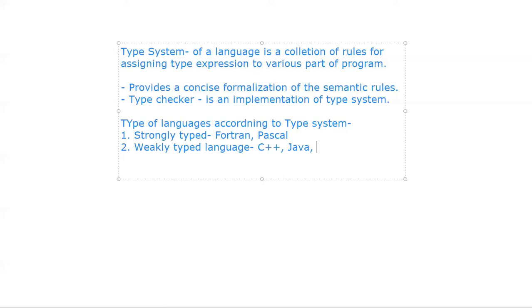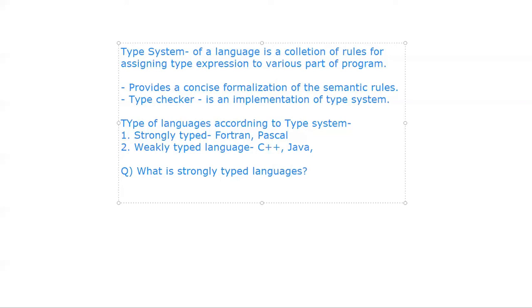So if somebody asks you what are the features of a strongly typed language, then what will be your answer? So the question for practice is: what are strongly typed languages?